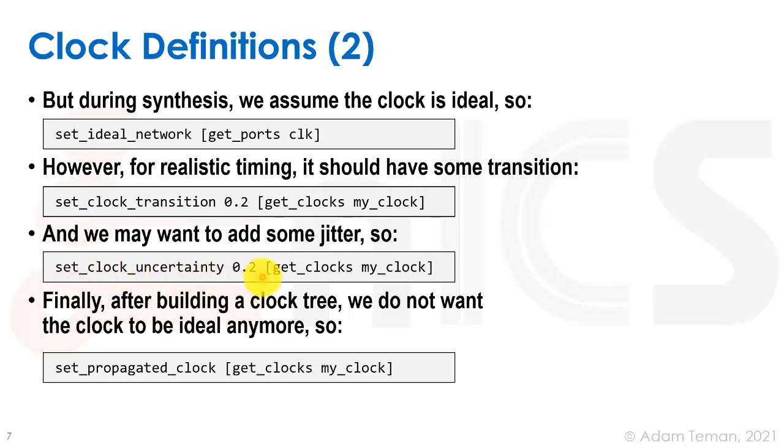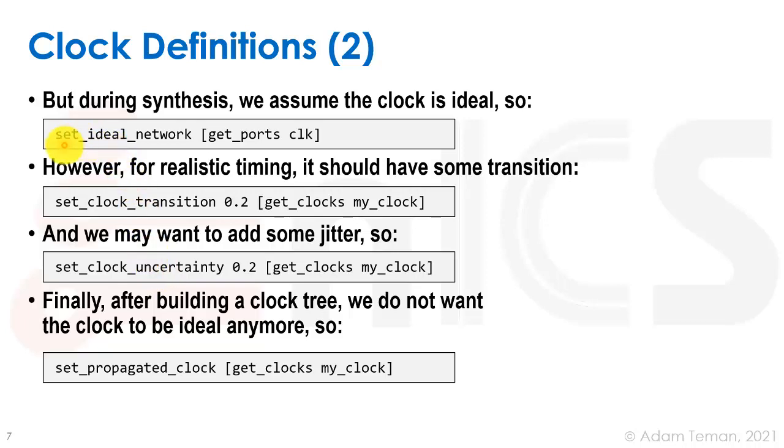We can define it for setup and hold separately, but in general, something like set clock uncertainty 0.2 would be 0.2 nanoseconds on whatever our clock is. And this is the string that we use to name our clock in the create clock command from before. So clock uncertainty is clock jitter. There is no such thing as set clock jitter.